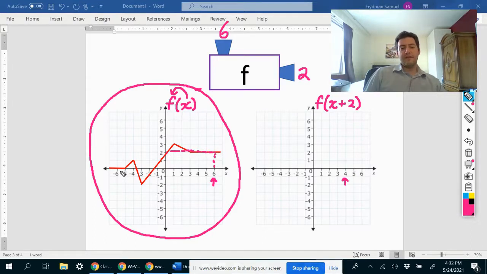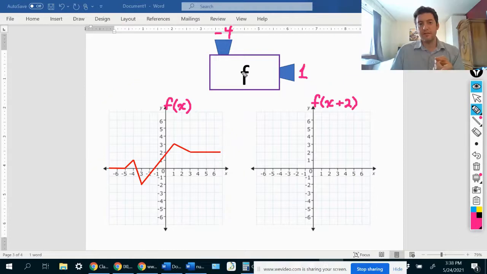So this graph, since x was not changed at all before being put into the function machine, is sort of a record of what you get as your output for every input that you put in. All right.